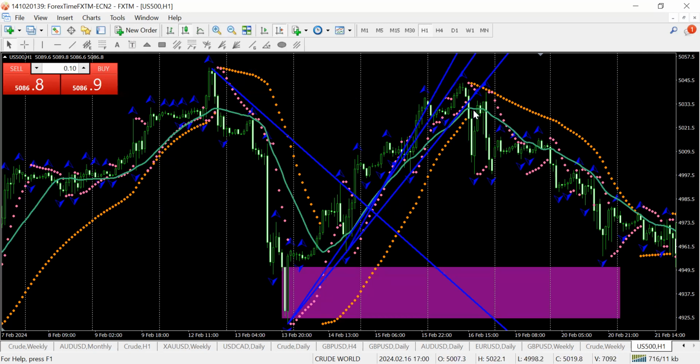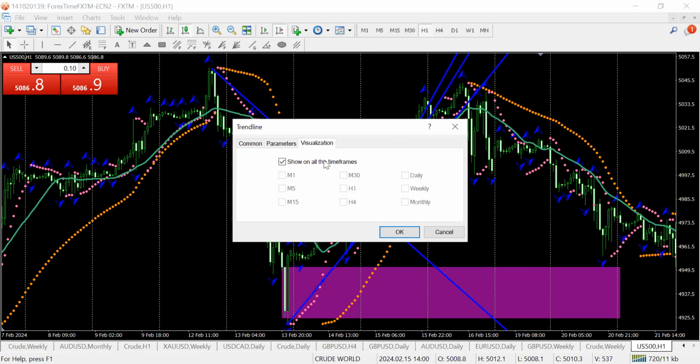Despite all this rise, market sold down strongly. So we have to note that it requires price to cross this trend line here for you to sell. This one is supposed to be from here at this point. Yes, correct.